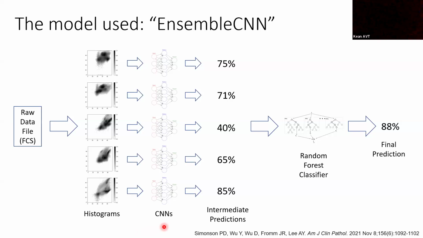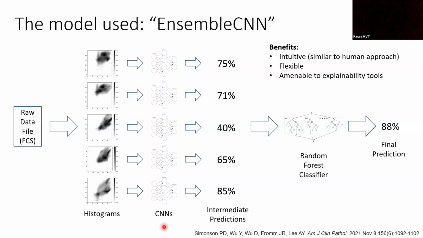And we can then take the outputs from each of the individual convolutional neural networks, feed it into a final classifier, which in this case was a random forest classifier, and that will spit out the final prediction score, whether it's positive or negative for classic Hodgkin lymphoma. Okay, so it's intuitive, it's flexible.